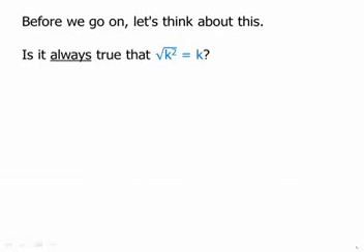Before we go on, let's think about this. Is it always true for any value of k that if we take the square root of k squared, we'll get back to k? That is to say, the square root undoes the squaring and always takes us right back to where we started from. Is that always true?